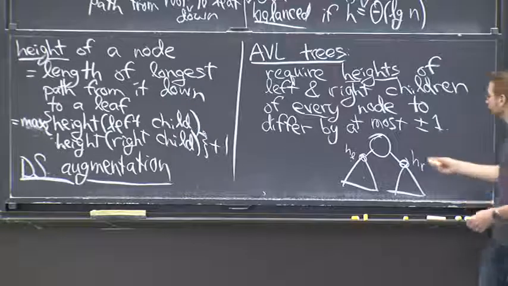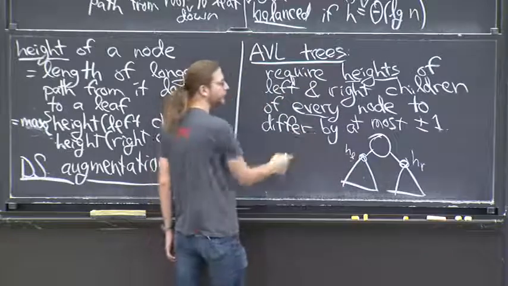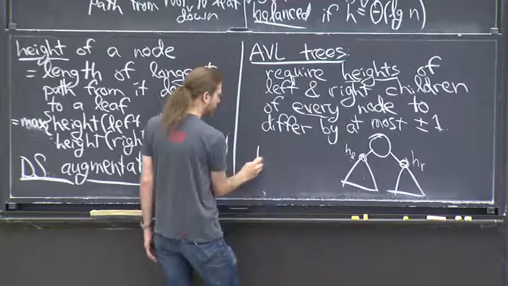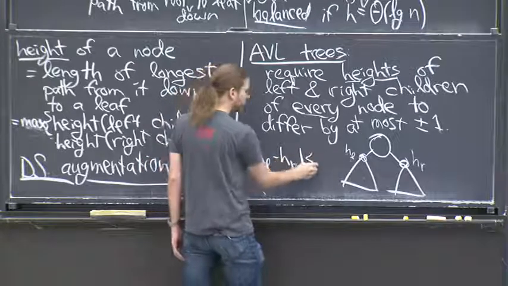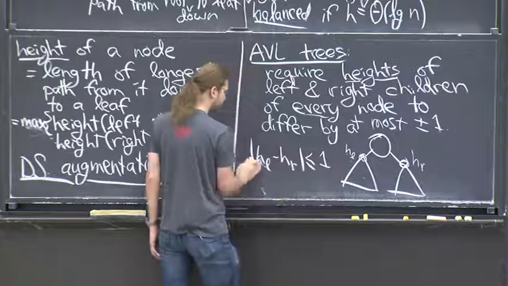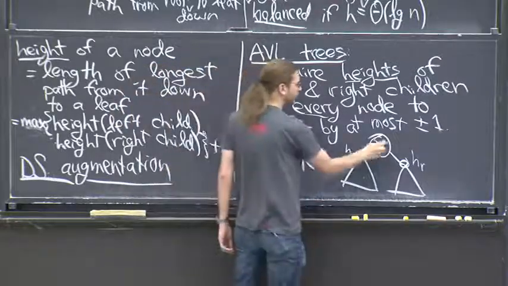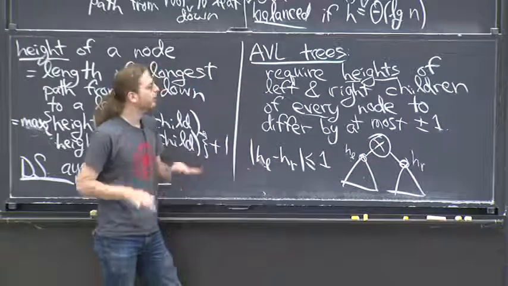And what we would like is that H_L and H_R are more or less the same. They differ by at most an additive 1. So if I look at H_L minus H_R in absolute value, this is at most 1 for every node. So I have some node x. For every node x, I want the left and right subtrees to be almost balanced.